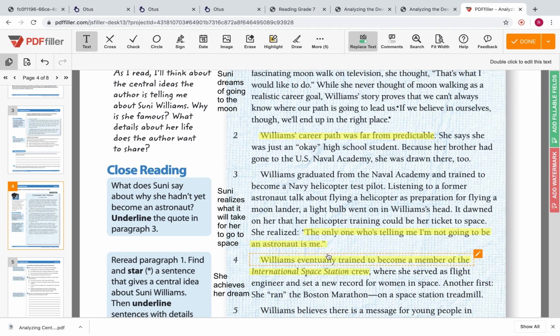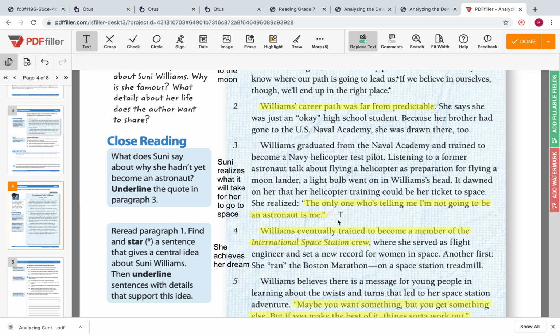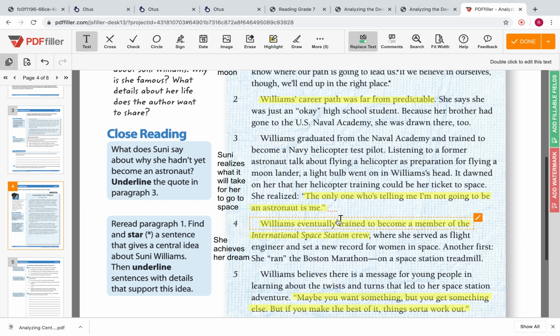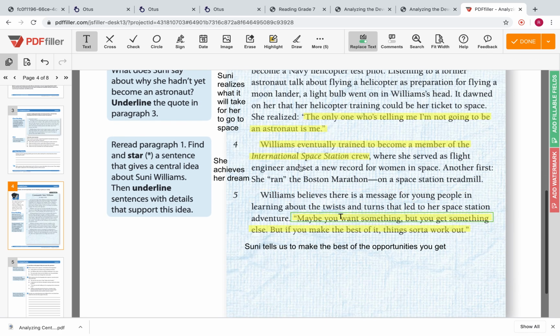We're thinking about details that fall under the central idea about Suni Williams, what the author is telling us about Suni Williams. So this sentence tells us that Suni Williams believed that only she could tell herself that she can't be an astronaut. It's really up to her whether she achieves her dream or not.